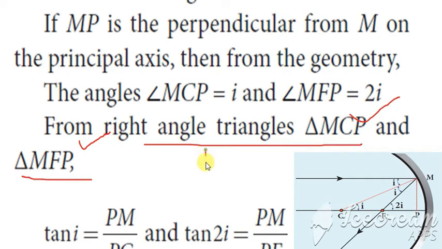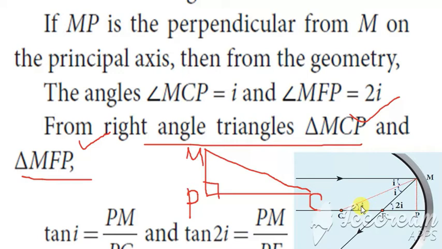First take the triangle MCP. Here we have M, and here is P which is right angled, and here is C. So here the angle is what? I. So we are writing this as I. From this we have to find the value of tan theta. So what is the formula for tan theta? Opposite divided by adjacent.